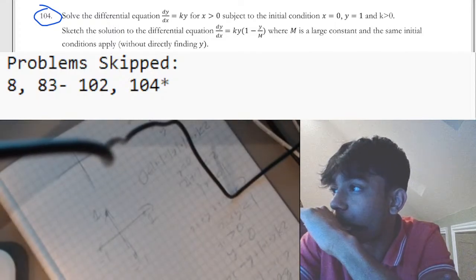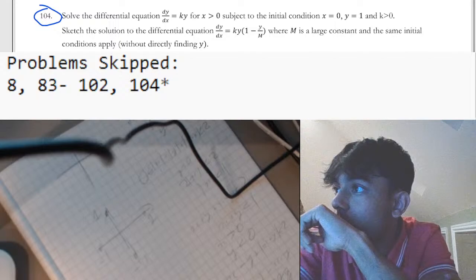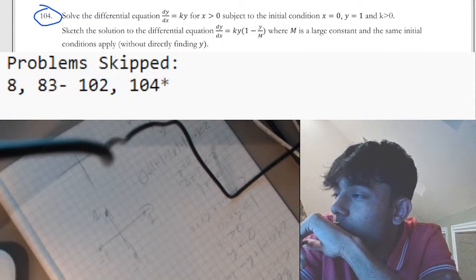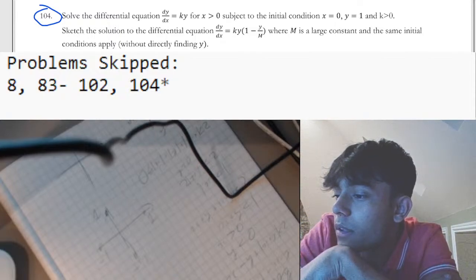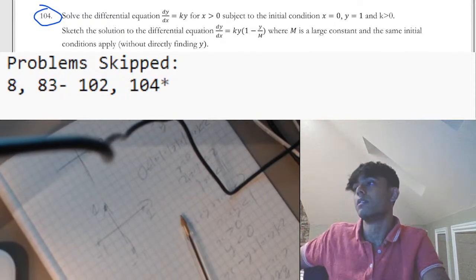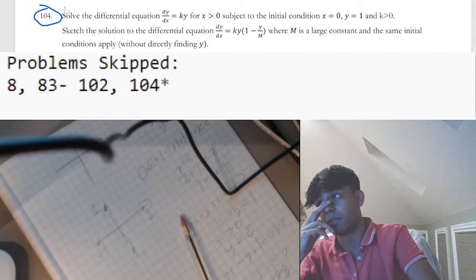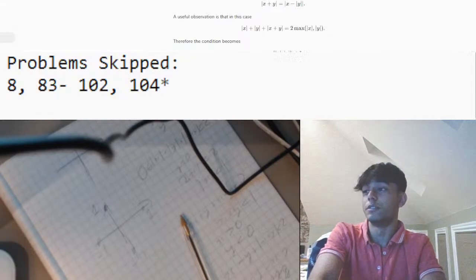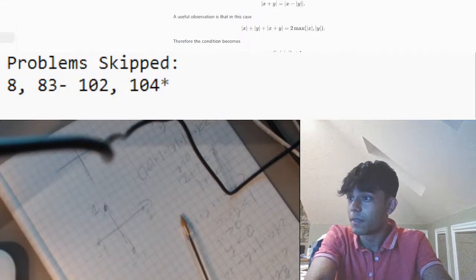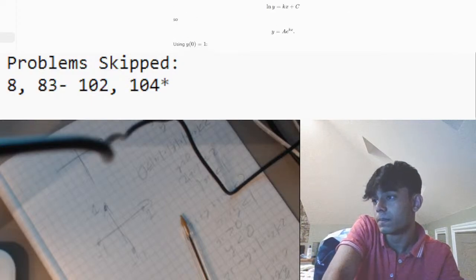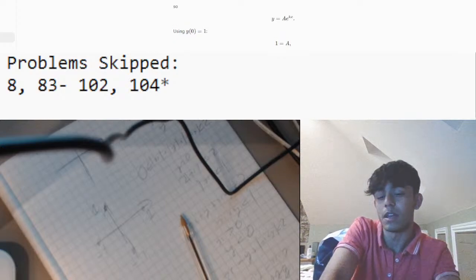Okay. Yeah, I don't know how to sketch the solution for this. I'm just going to sketch for this one as well. Just pure suffering. I think there's a typo in this thing.